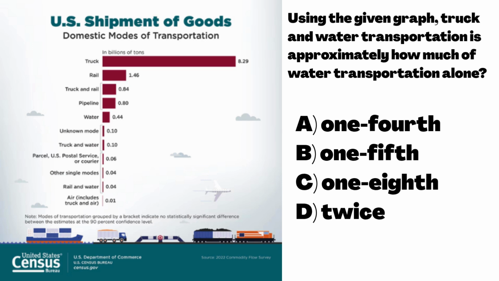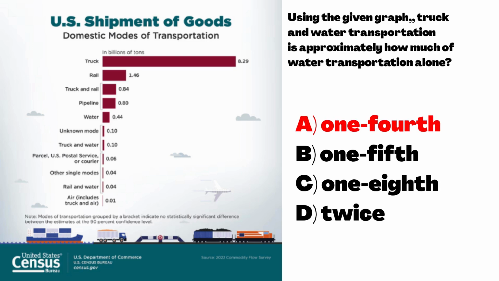Using the given graph, truck and water transportation is approximately how much of water transportation alone? A. 1/4. B. 1/5. C. 1/8. D. Twice. The correct response is A. 1/4.